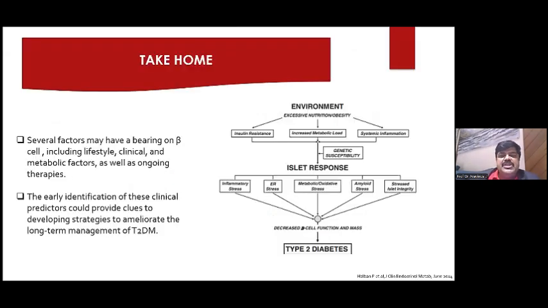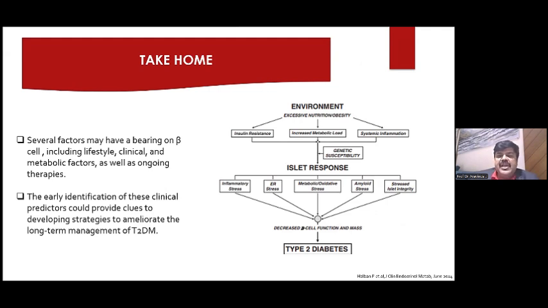So, take home message from my talk, ladies and gentlemen. Several factors may have a bearing on beta cell, including lifestyle, clinical, and metabolic factors, as well as ongoing therapies. The early identification of these clinical predictors could provide clues to developing strategies to ameliorate the long term management.